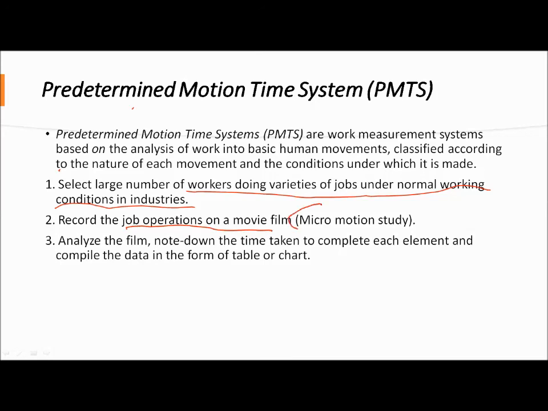Again, micro motion study is done here, and you analyze the film and note down the time. See, this is the difference. You are noting down the time taken to complete each element, and then you compile the data in the form of a table or a chart, and then you will be able to analyze the time required for doing a particular motion.